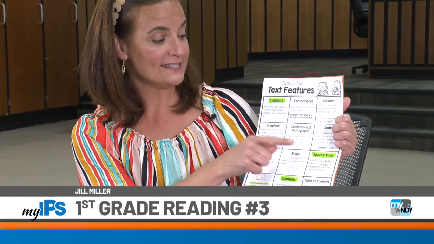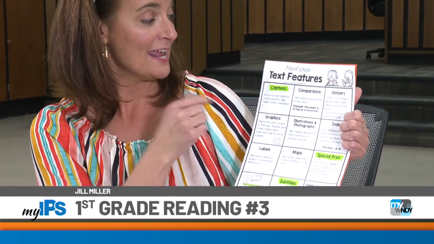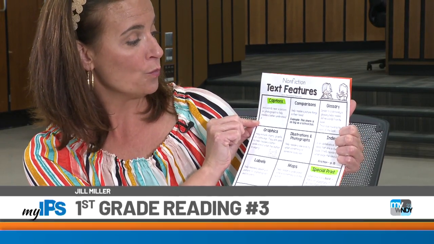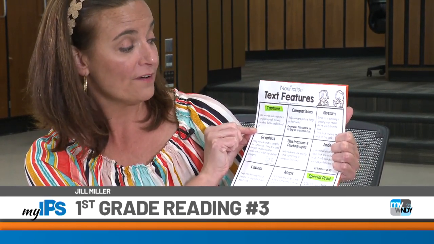Another strategy is to look for the answers to your questions in the words and in the text features. So to review with you some text features, and I've highlighted the ones that we are going to see today in the story we're going to read. Captions are words near a picture or a photograph to help readers better understand it.